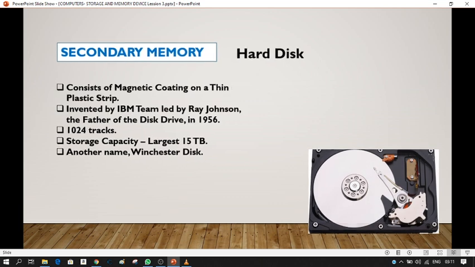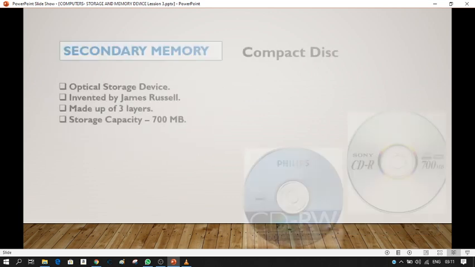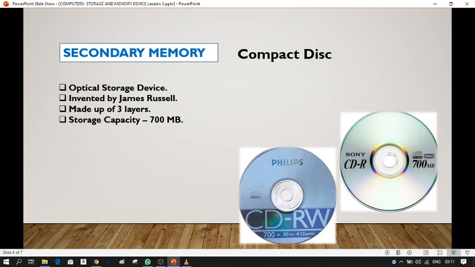Here we can see the compact disc or CD. It is an optical storage device invented by James Russell in the year 1965. It is flat and round and coated with highly reflective material.